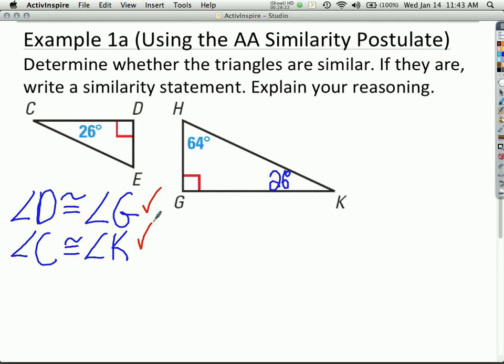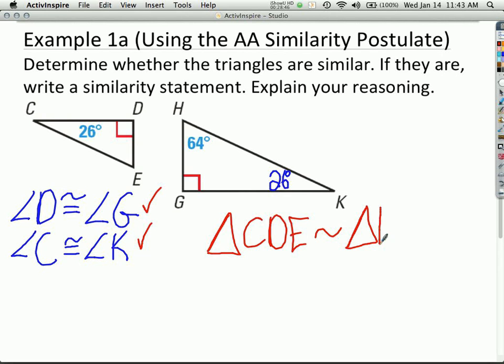Now we can make a similarity statement. But remember, the order of your letters matters. If I start out by saying triangle CDE is similar to triangle, and I want to say the second triangle, I have to find the corresponding angle to C. Nathaniel just did that for us.